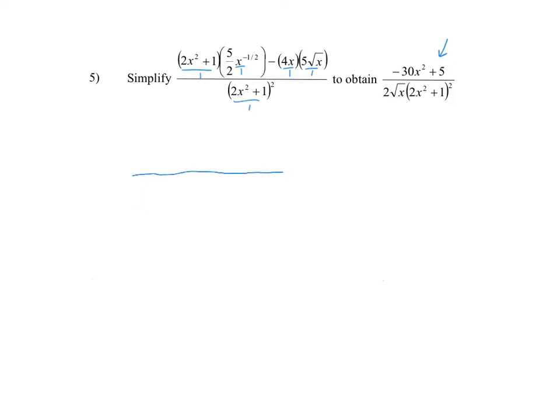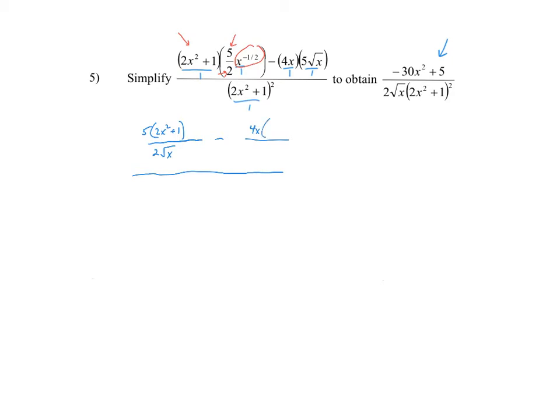Now we're going to organize our numerators and denominators. 2x squared plus 1 goes in a numerator. 5 goes in a numerator. 2 goes in a denominator. X to the negative 1/2 goes in the denominator as root x.